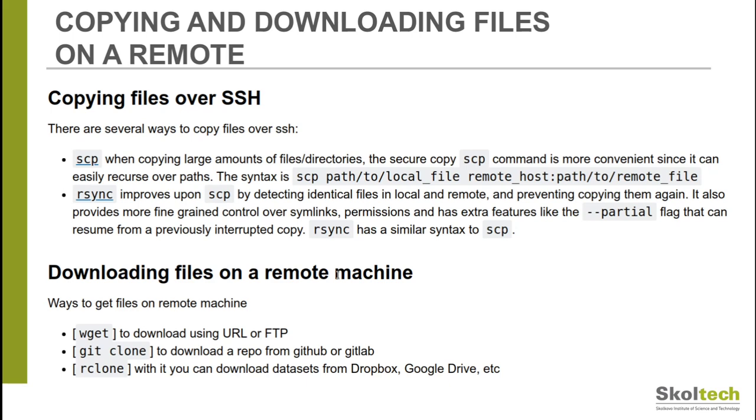It also provides more fine-grained control over symlinks, permissions, and has extra features like the --partial flag that can resume from a previously interrupted copy. SCP doesn't provide such tools. It has similar syntax as SCP.